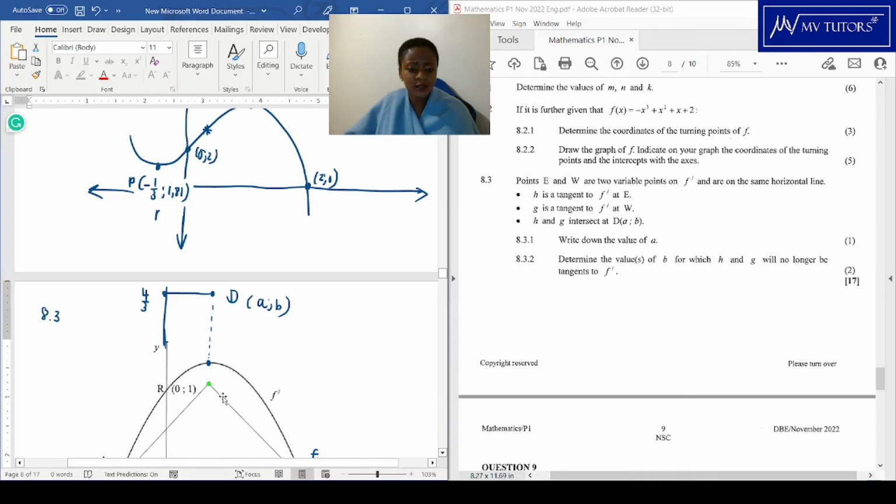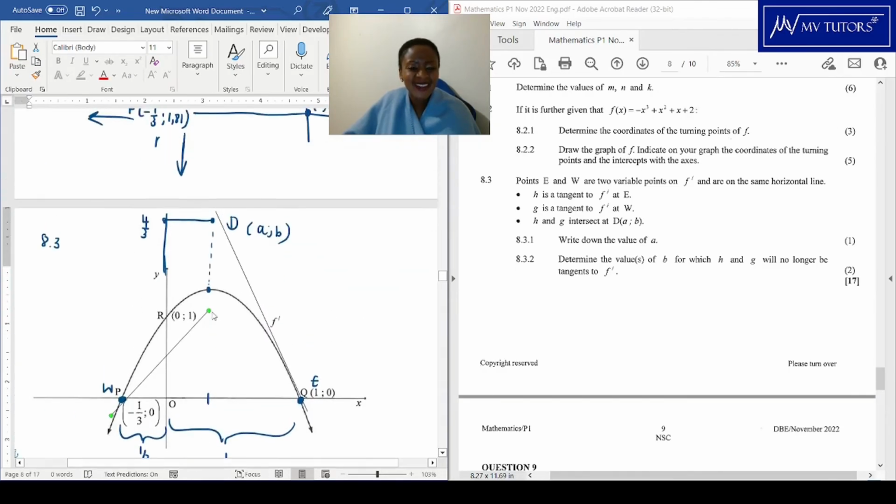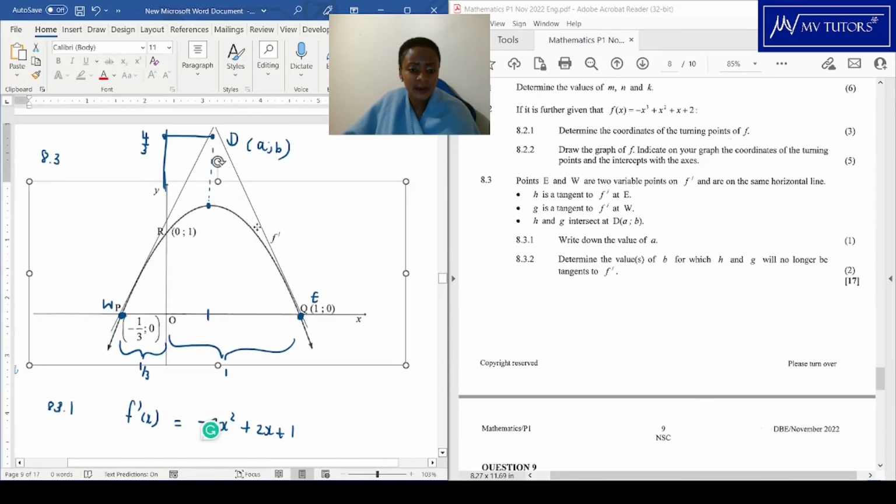If b is larger than 4 over 3, we still need to make sure, my page is finished. We're there at the top. So this is slightly bigger. We can still take it up.